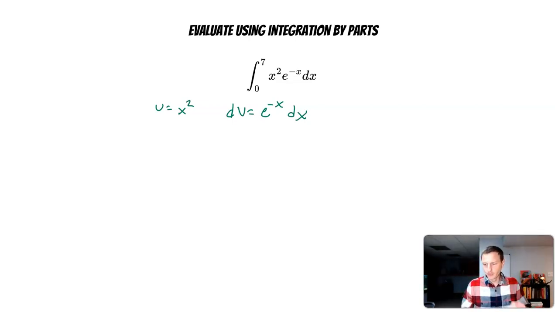And when we're doing integration by parts, you've got to remember that you're taking the derivative. So the derivative of that term is going to be du, and then for dv, we've got to get to v. The whole goal with integration by parts is you're going to have uv minus the integral of v du.